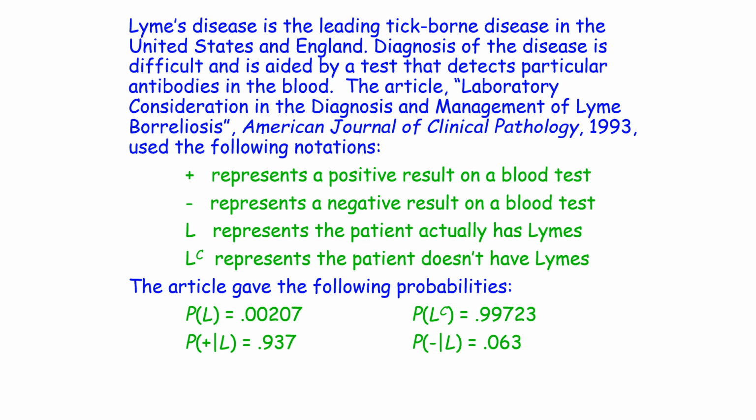The probability that a patient receives a positive result on a blood test given that they have Lyme disease is 0.937, whereas the probability of a negative result but having Lyme disease is 0.063. The probability of a positive result but not having Lyme disease is 0.03, and the probability of a negative result and not having Lyme disease is 0.97.